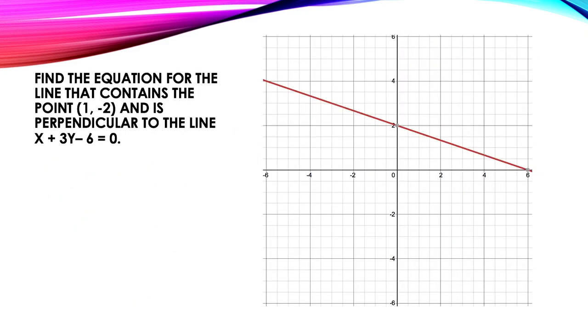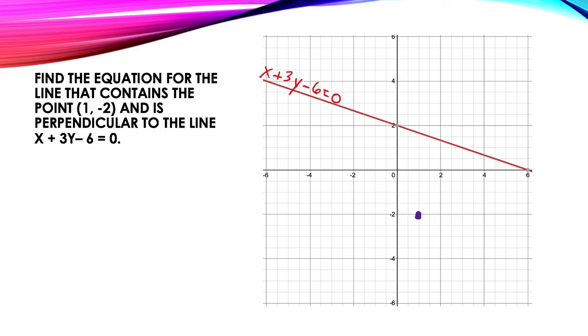Okay, let's try one more, and let's do this one with a perpendicular example. So find the equation for the line that contains the point 1, negative 2. All right, so I'm going to go ahead and plot that point 1, negative 2, and is perpendicular to the line x plus 3y minus 6 is equal to 0.